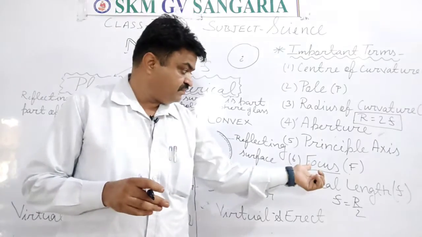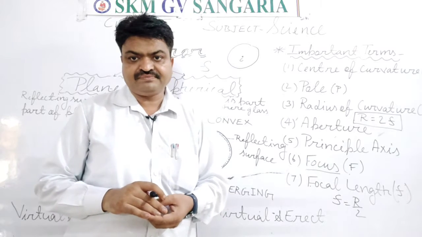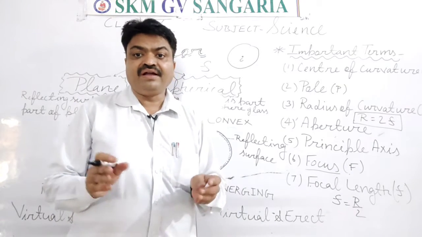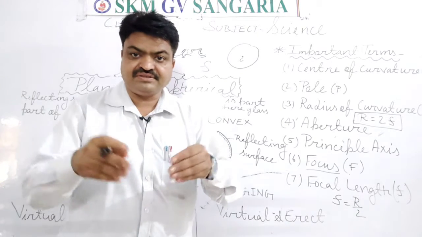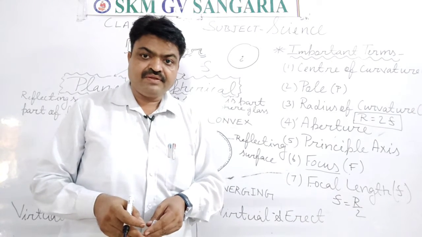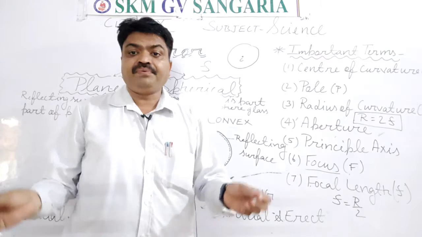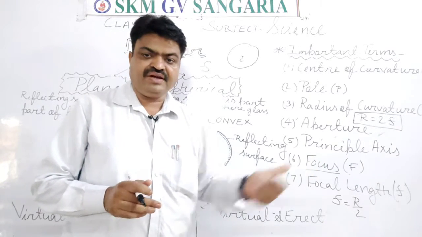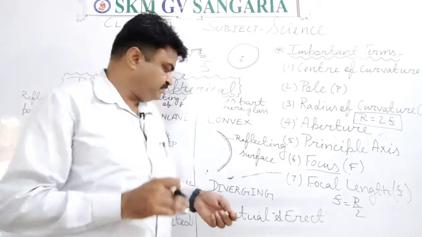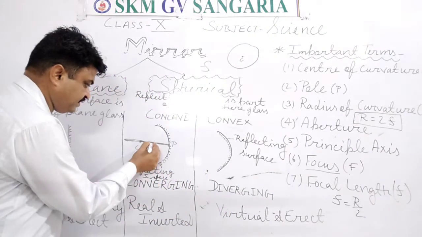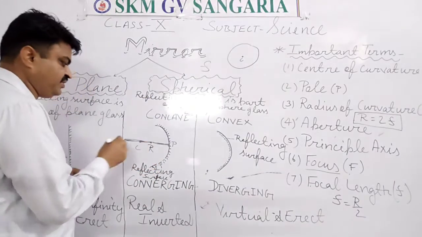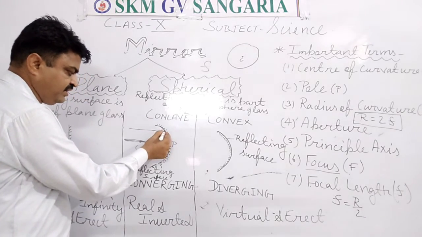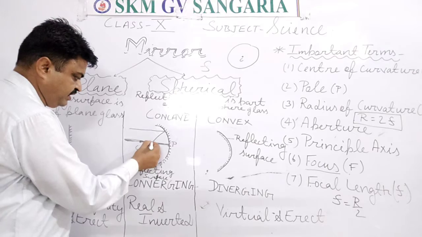Now what is the focus or principal focus? It is the point where the light converges, or appears to converge in the case of a convex mirror. Like this is the incident ray, and from here it will be reflected at this point.